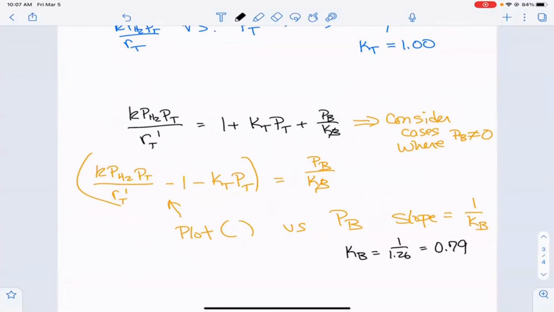And so now what we've been able to do is use subsets of the experimental data to estimate the reaction rate constant, to estimate the equilibrium constant for the adsorption of toluene, and to determine the equilibrium constant for the adsorption of benzene.